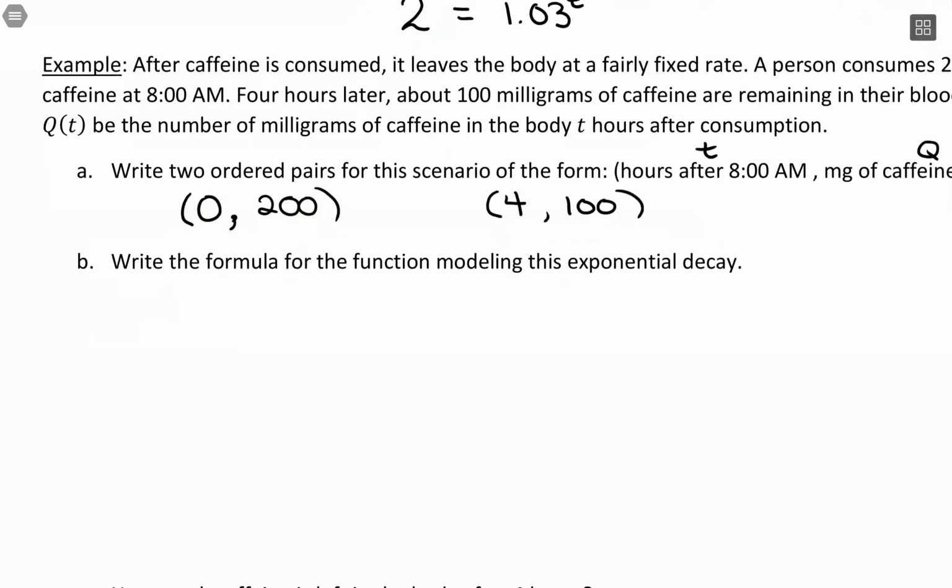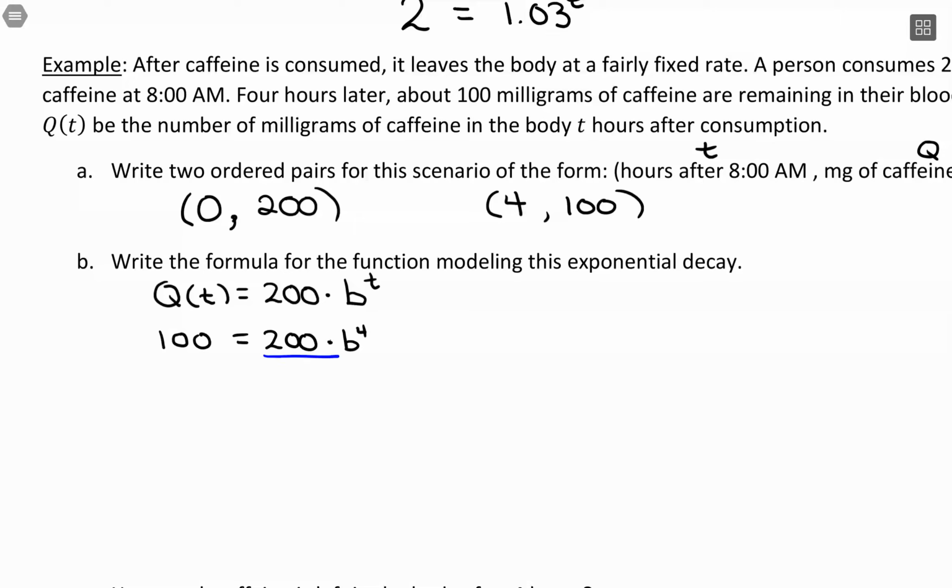So we're going to start our function with the initial value plugged in, so 200 times, but we don't know what b is, to the power t. Then we're going to plug in our coordinate, so 100 equals 200 times b to the 4th power, and we're going to solve for b.